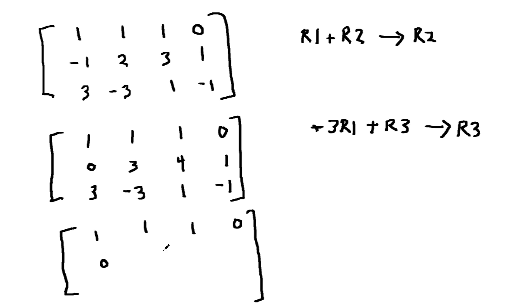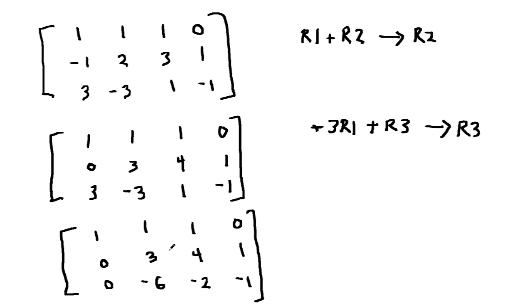The first two rows just stay the same. Now the third row, I get minus 3 plus 3, which is 0. Minus 3 minus 3, which is minus 6. Minus 3 plus 1, which is minus 2. 0 plus negative 1, which is negative 1. And this is what I get.